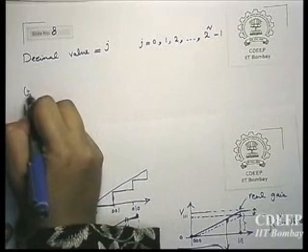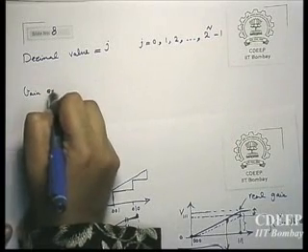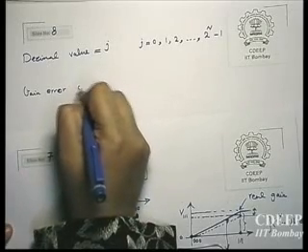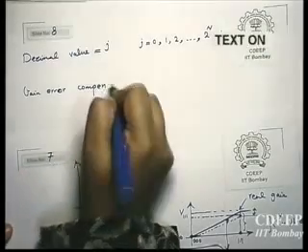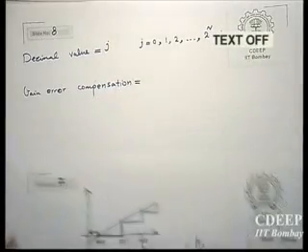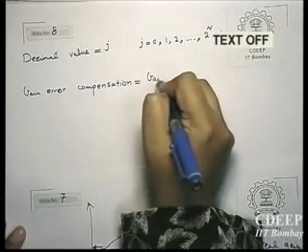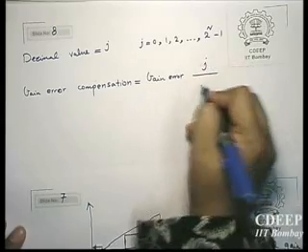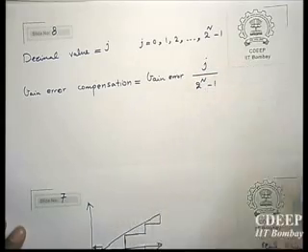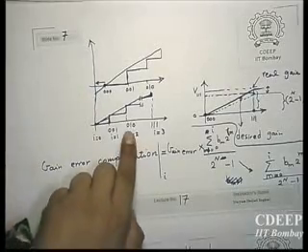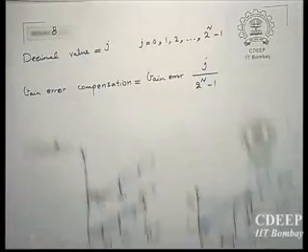Therefore, gain error compensation will be gain error into j divided by 2 to the power n minus 1, for every particular decimal value of j which corresponds to a particular code.